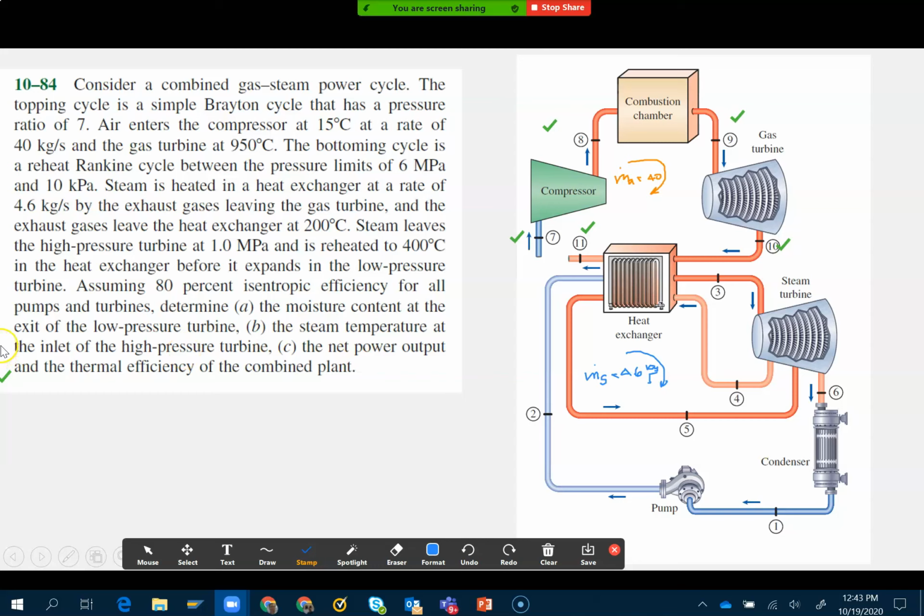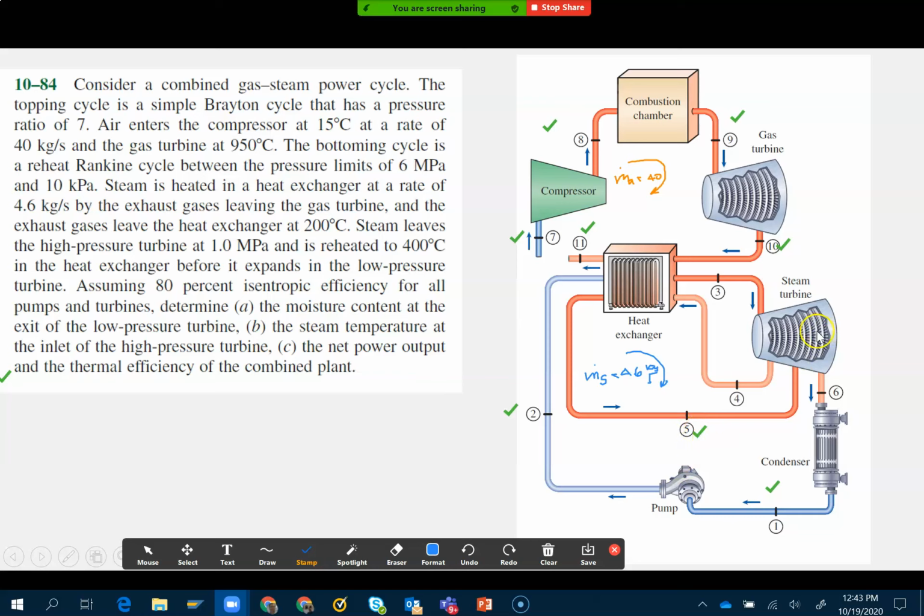What about the steam cycle? Well, we know the low pressure is 10 kilopascal. Since we know that it condenses until it has a quality of 0, we know state 1. We know state 2 is only the adding of the work of the pump, so this is known. We know the reheat temperature of 400 degrees and the pressure, so we know state 4.